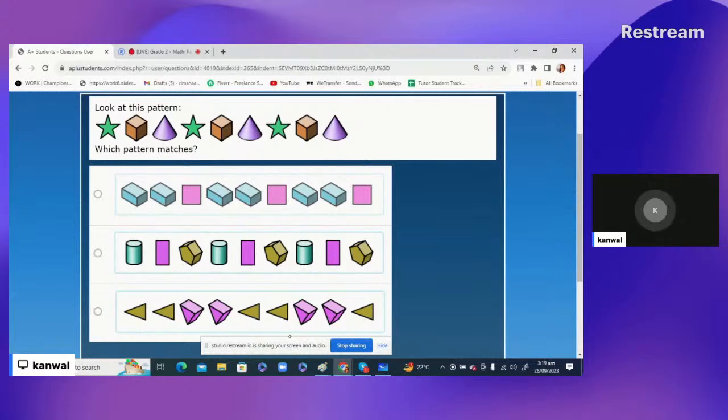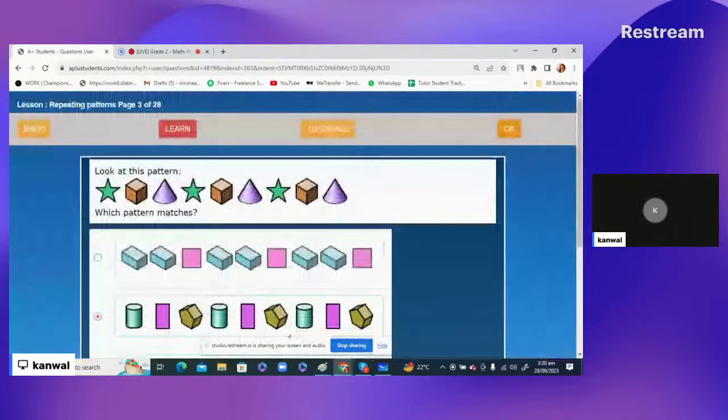All three things are different. So let's check option A. Two are same, then one is different, two are same. So that is not it. Look at the next. The first one is different, the second one is different, the third one is also different. Yes, that is the option, because C is again two, two are same, two are same. So we just need to check option B.